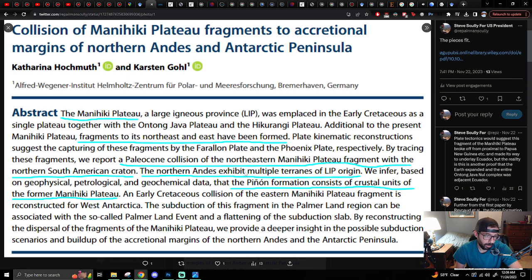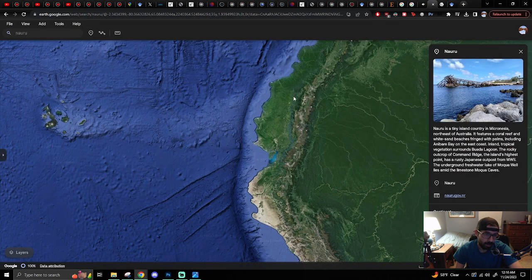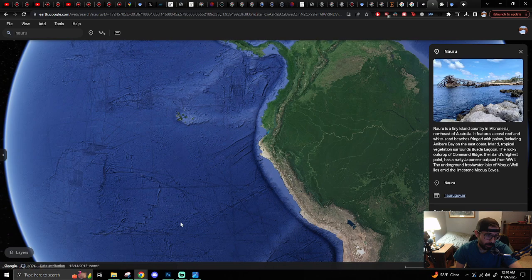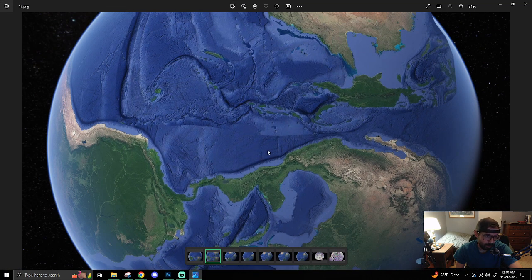The northern Andes exhibit multiple terranes of large igneous province origin, which we'll get into some others. We infer, based on geophysical, petrological, and geochemical data, that the Pinon Formation consists of crustal units of the former Manihiki Plateau. So basically, imagine Ontong Java Plateau is connected to Manihiki Plateau, which is connected to Pinon Formation, and that breaks off there.